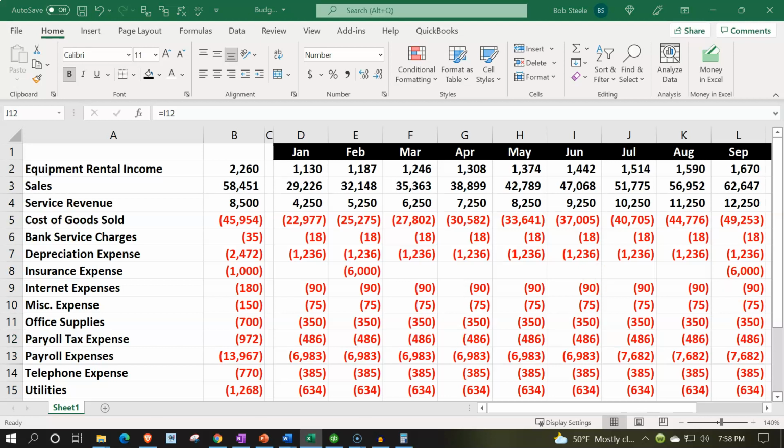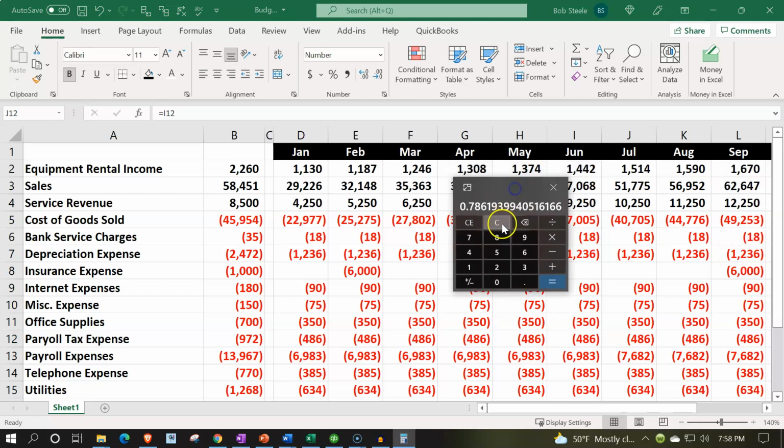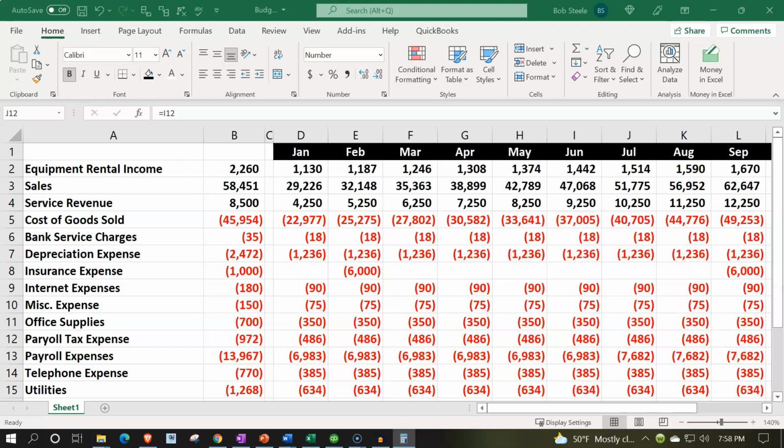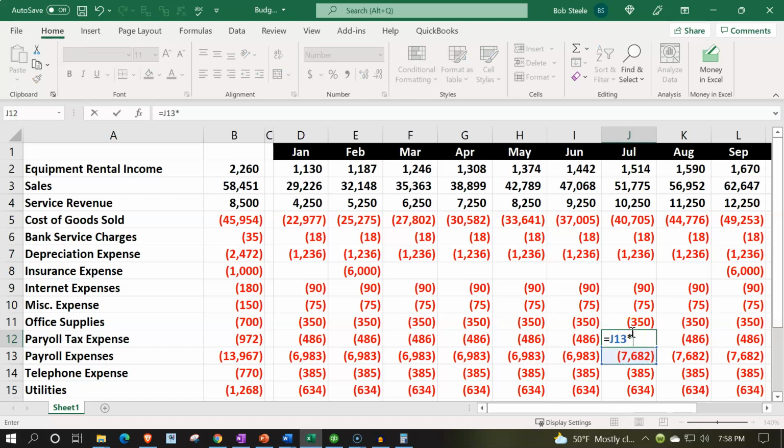Let's try to estimate the payroll taxes, and we'll say, well, what's the payroll tax going to do then? Well, we can say the payroll tax before was 486 over the 6983, which was about 0.695%. So this payroll tax would be equal to this times 0.069597 about.